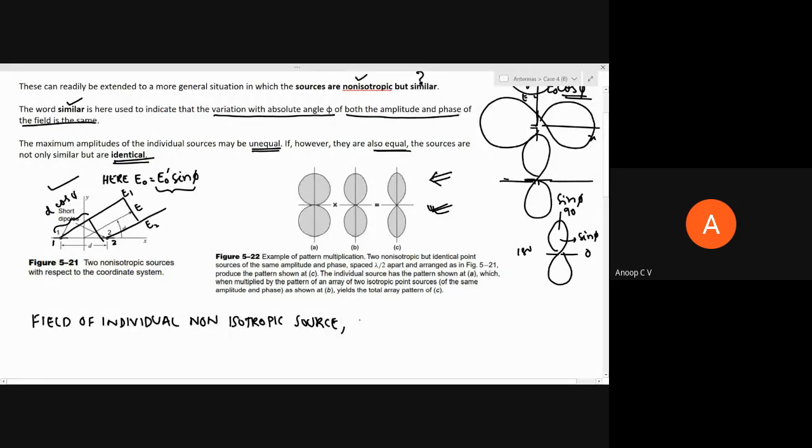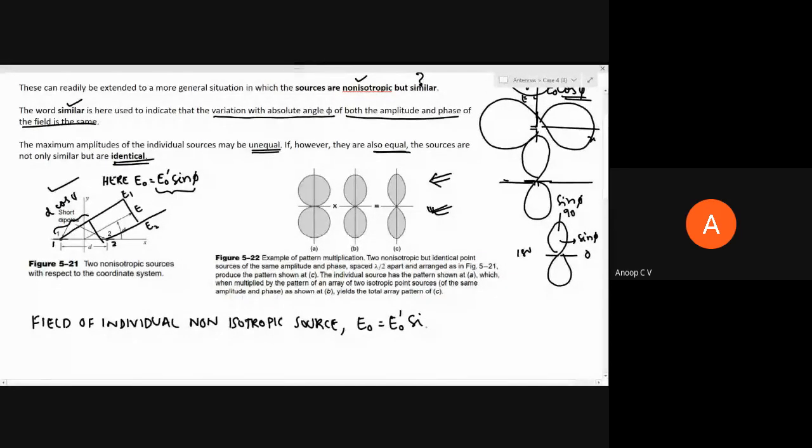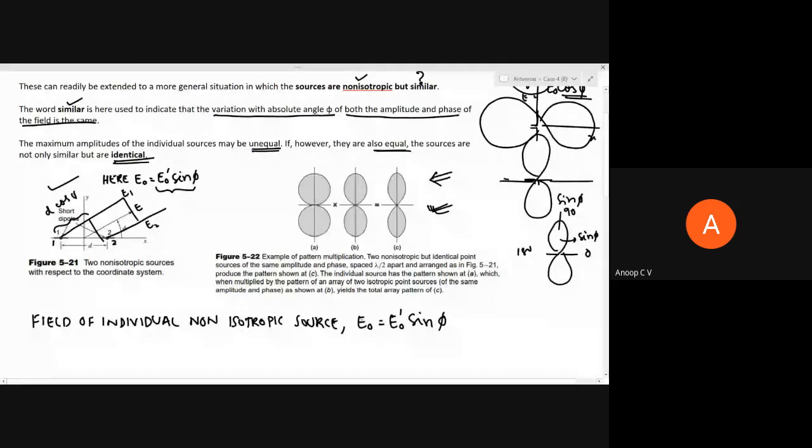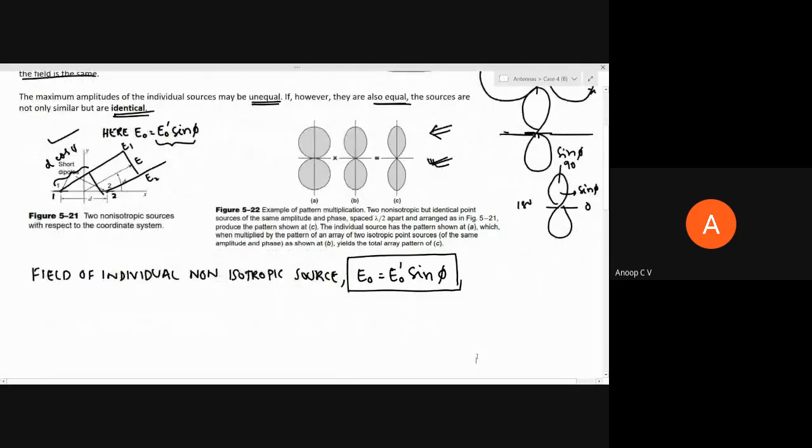It is given as E naught, where E naught is E naught dash sine phi. In the exam they will give this, an array of two sources having individual field pattern E naught dash sine phi. For instance, let us assume both have the same magnitude E naught.